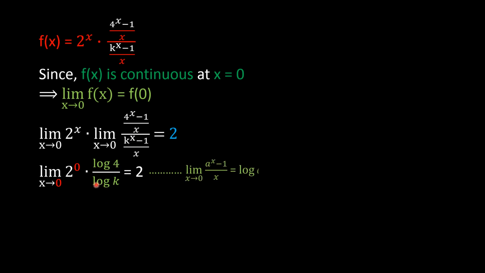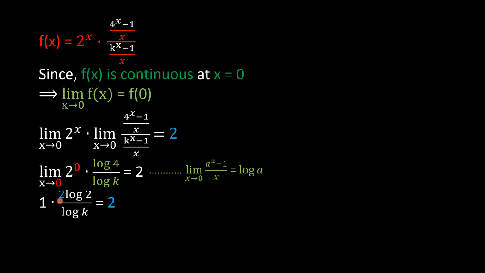Limit of this function and this function will be log 4 and log k according to the limit formula that we have: limit of (a to the power x minus 1) divided by x as x approaches 0 is log a. 2 to the power 0 will be 1. So the limit of 1 as x approaches 0 will be 1. Log 4 can be written as 2 log 2, because 4 can be written as 2 squared and the power will come as a multiplying factor here according to the rules of logarithm.